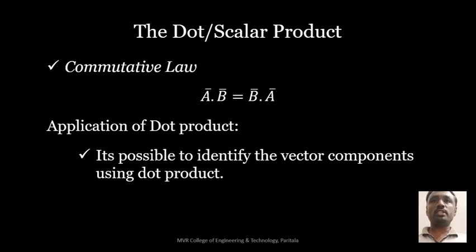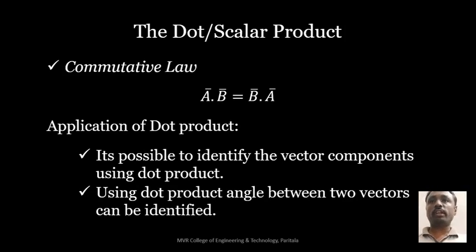In the coordinate system, you can easily identify this application. After doing the problem only, you come to know this application. So next one, using the dot product, the angle between two vectors can be identified. How can we identify the angle? In the previous session you saw that A bar dot B bar is equal to magnitude of A into magnitude of B into cosine of the angle between them.